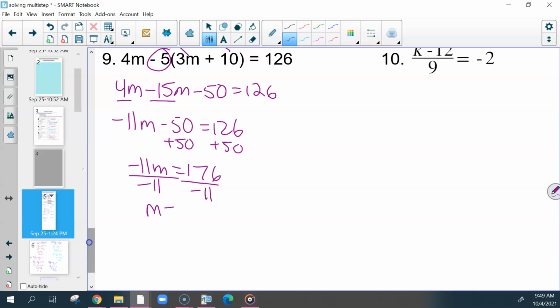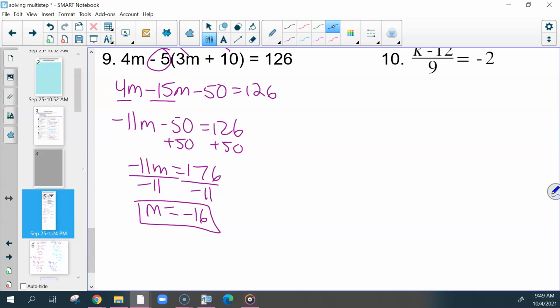What is m? Four minus 15. Unless I did my math wrong, which still happens. Check your work.